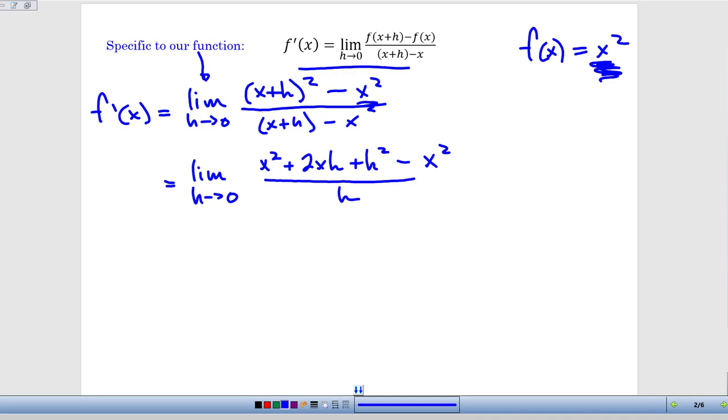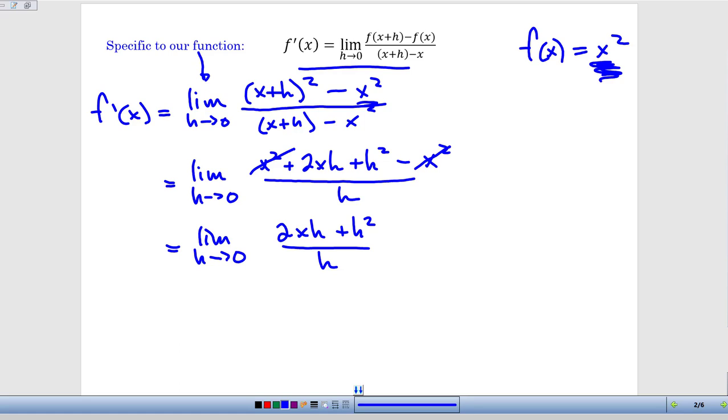So I'm going to do a little housekeeping up at the top here. I still have yet to apply my limit as h approaches 0. And so I can see that I've got these x squareds that are going to cancel out. And so we're left with 2xh plus h squared on the top, and then just h on the bottom.